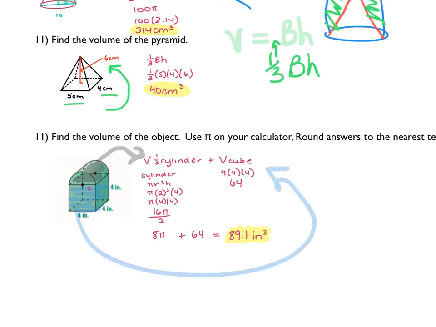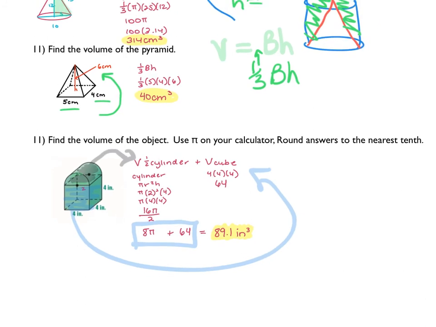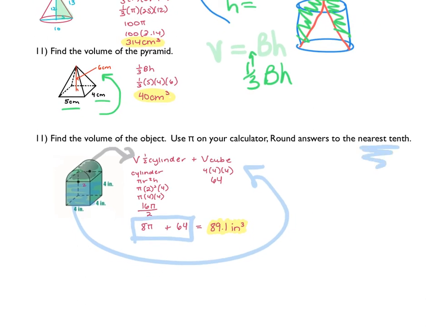Now, if it said to leave it in terms of pi, we would leave it like this. However, the instruction said round to the nearest 10th place. So this is where you're gonna multiply 8 times pi and then add 64. And then round it, and you get 89.1.